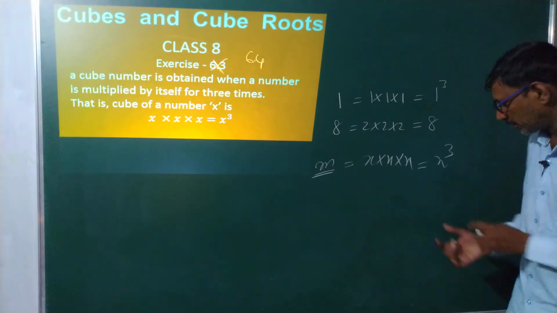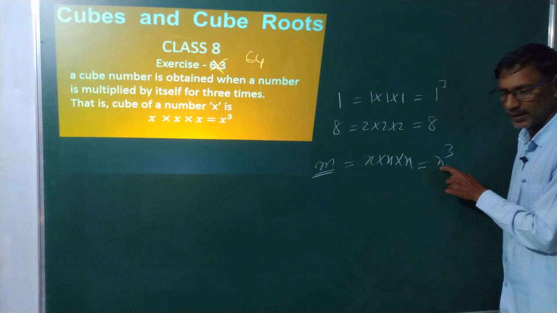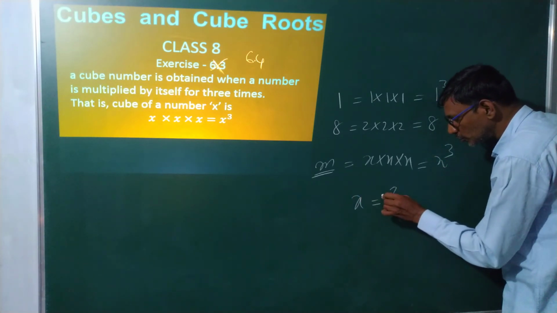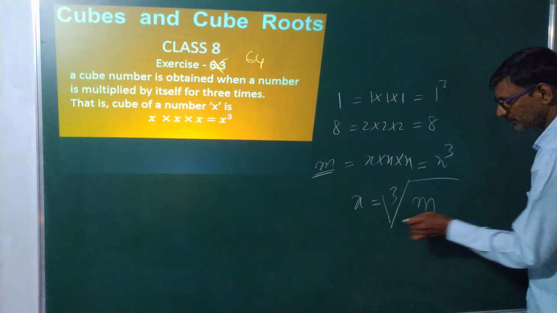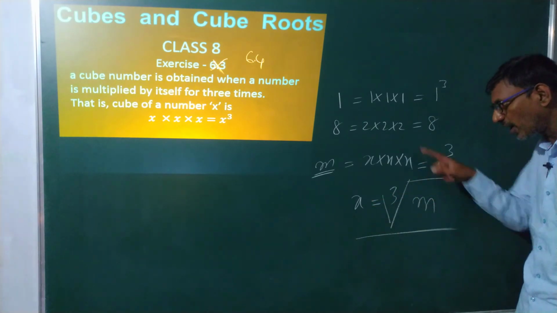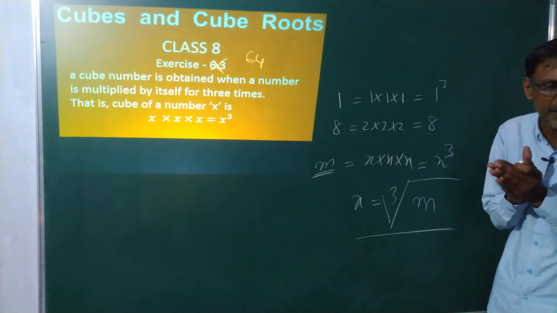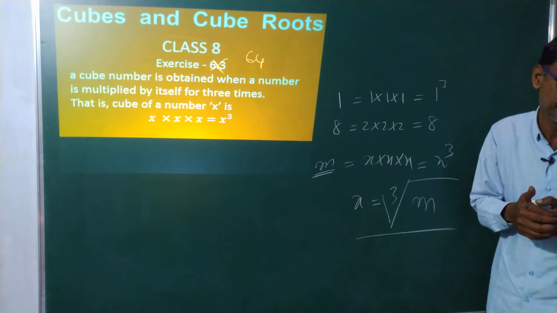Am I clear or not? Suppose x is such that m is a cubic number. Then x is equal to the cube root of m, this is the symbol, keep in mind. That's all. x is the cube root of m. That is the difference between a cubic number and the cube root of a number.